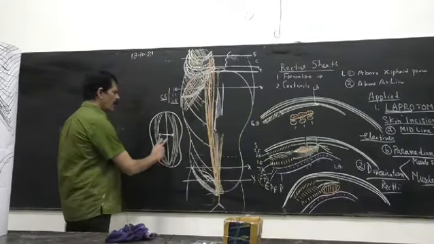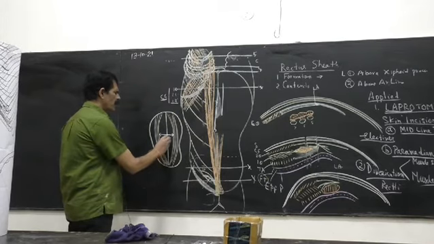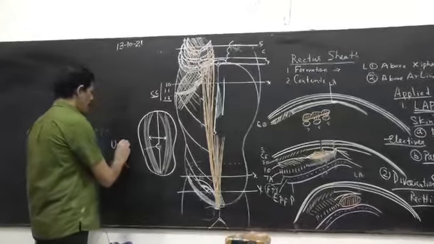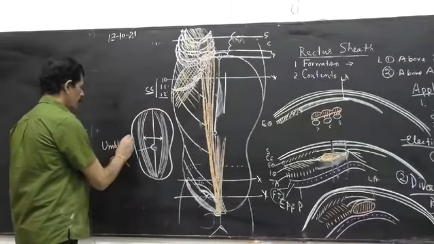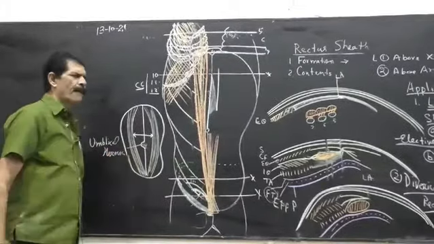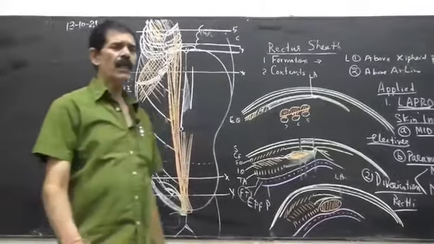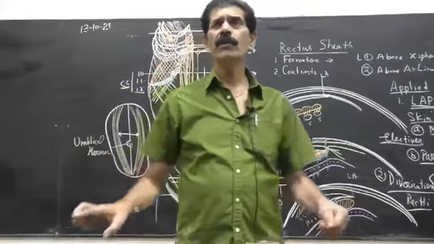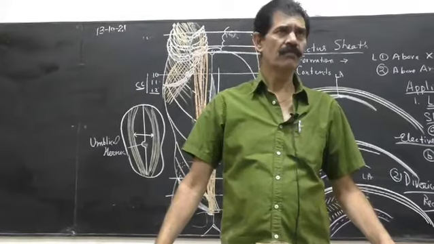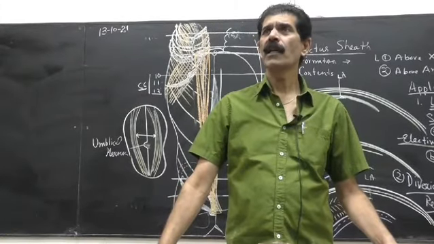Another congenital anomaly of the anterior abdominal wall is the umbilical hernia. It is usually congenital, and it is caused due to the non-union of the right and left surface ectoderm during embryological development.